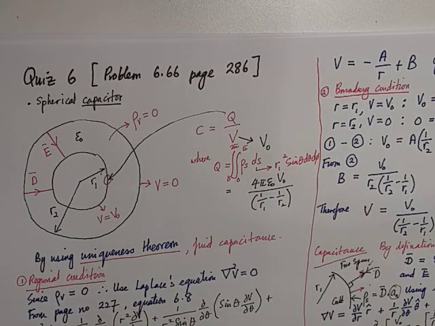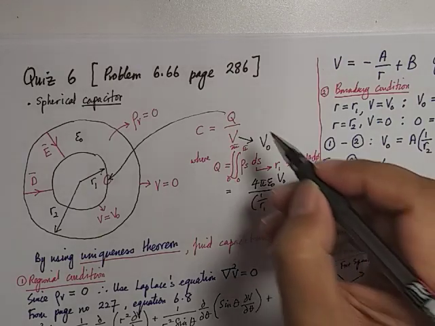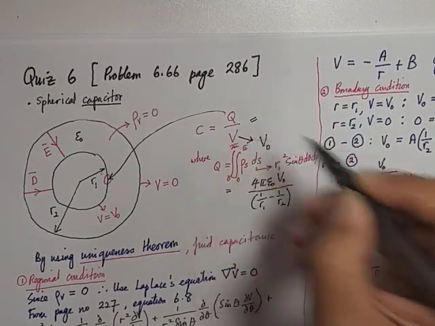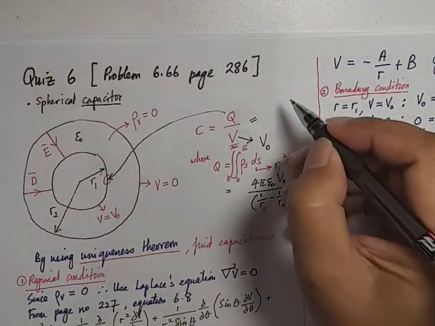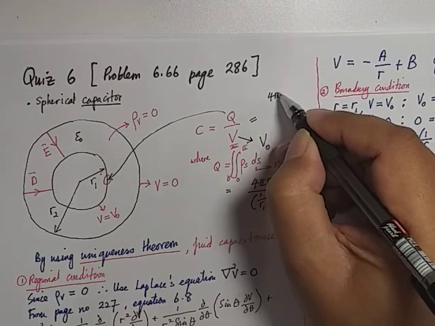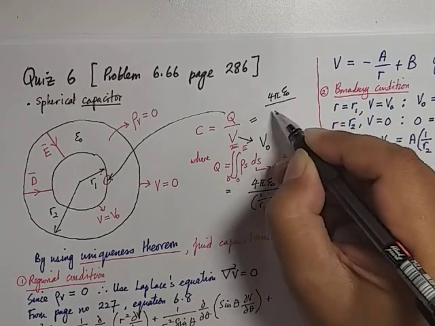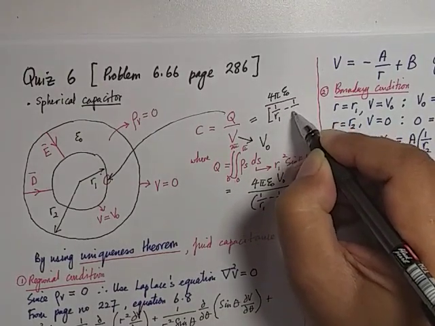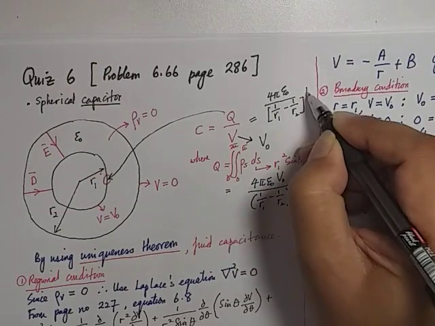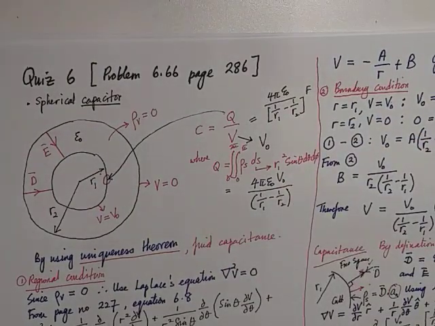That should be the final Q. And then for my capacitor, we see the V naught can be cancelled out, and we end with 4 pi epsilon naught over 1 over R1 minus 1 over R2 farad. That should be the capacitance of the general spherical capacitor. But we need to adapt it to our problem now.